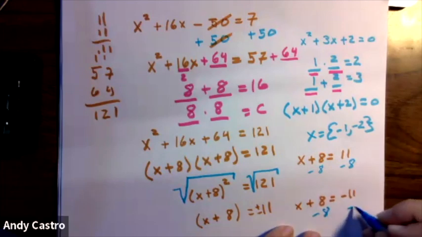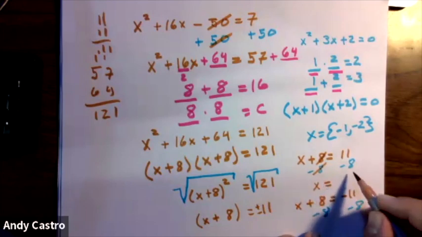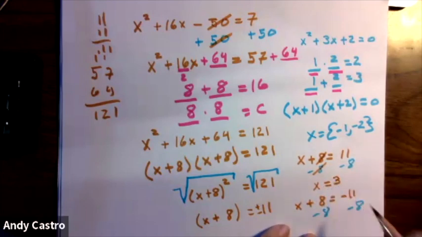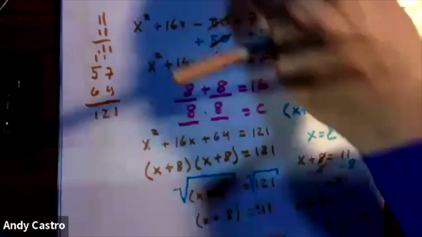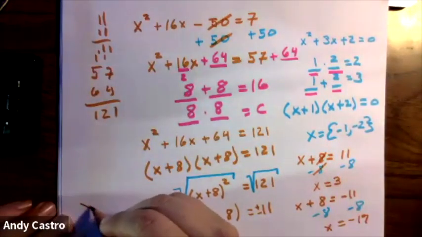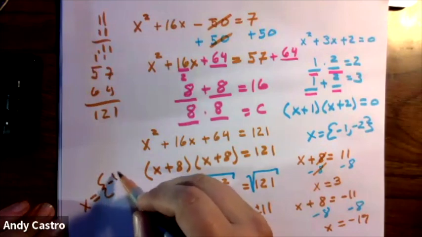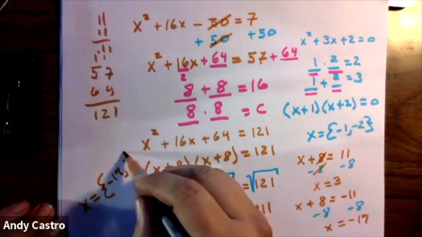All right. So here x is positive 3. And here x is equal to negative 19. So x is equal to negative 19 and positive 3.